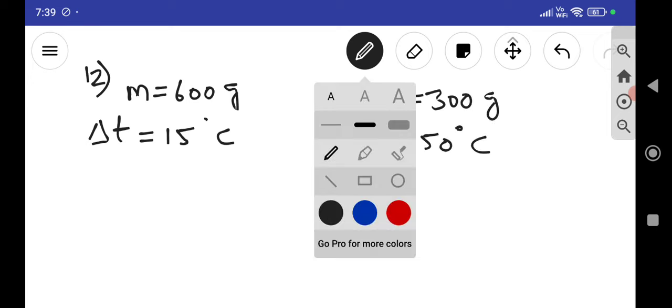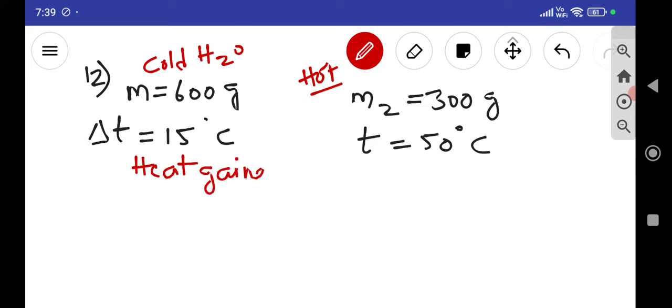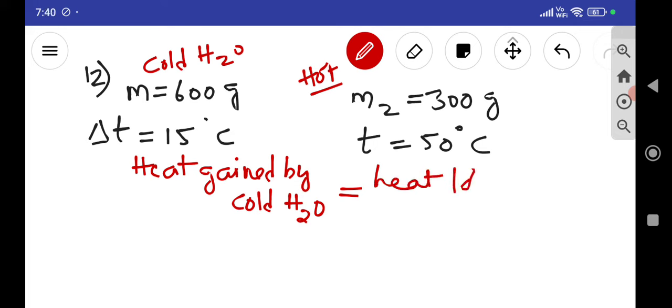Looking at the temperature, we have identified this is cold water, and on the other side this is hot water. So we know very well heat gained by cold water or cold body will always be equal to heat lost by hot body. Here it is hot water.